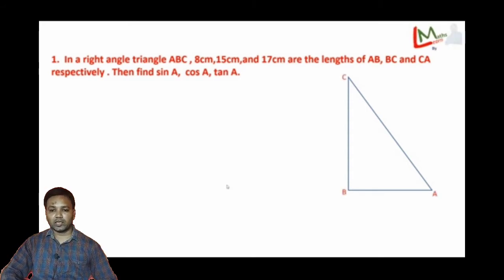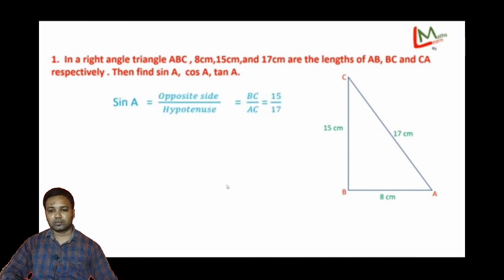Then find sin A, cos A and tan A. To find the solution, we have to consider a right triangle ABC, where the right angle is forming at B and A is an acute angle. It is given that AB is 8 cm, BC is 15 cm, AC is 17 centimeters.